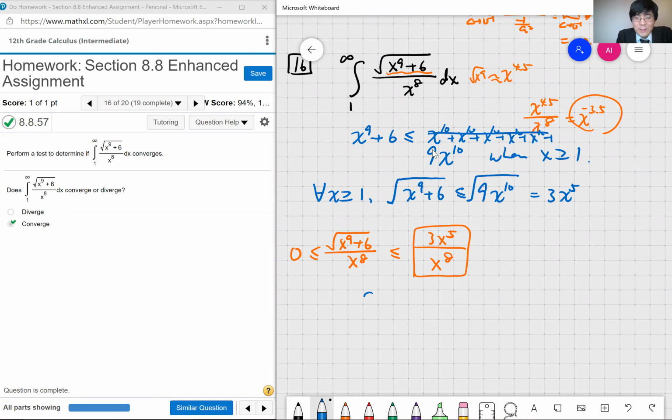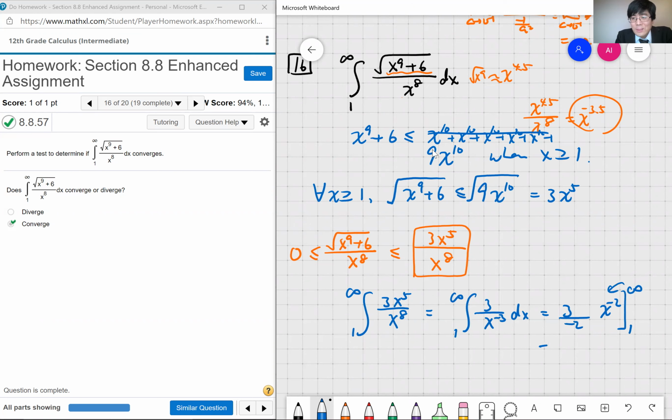Okay, now this integral is equal to the integral from 1 to infinity of 3 over x to the minus 3. So it's going to be 3 times x to the minus 2 divided by minus 2, and you're going to plug in 1 through b goes to infinity. So that's going to be 3 over negative 2 infinity plus 3 over 2.